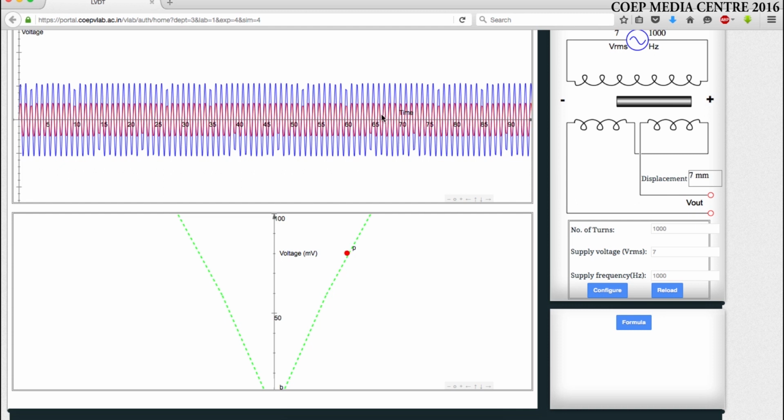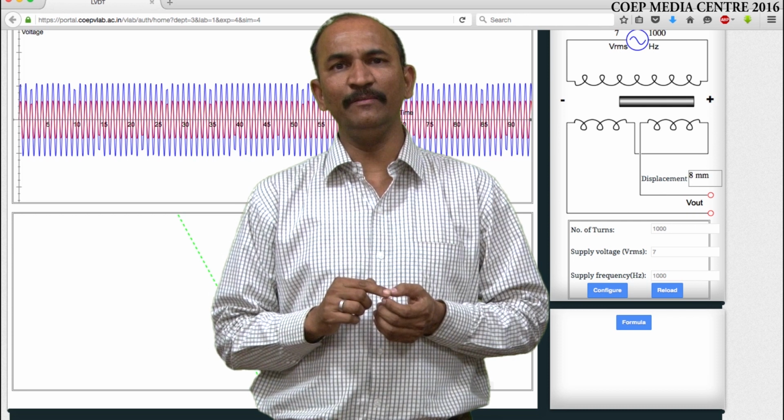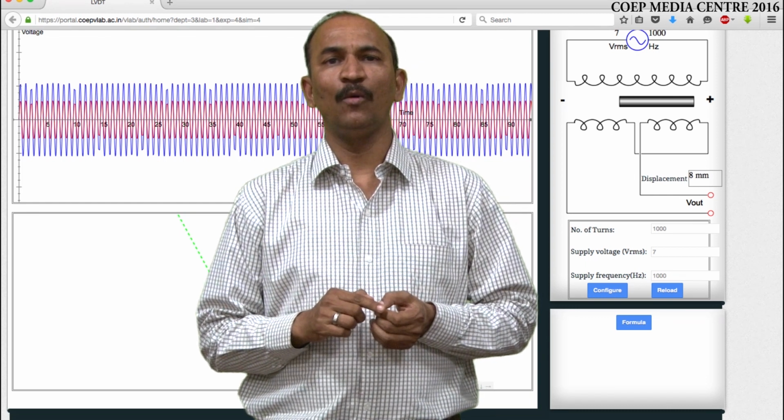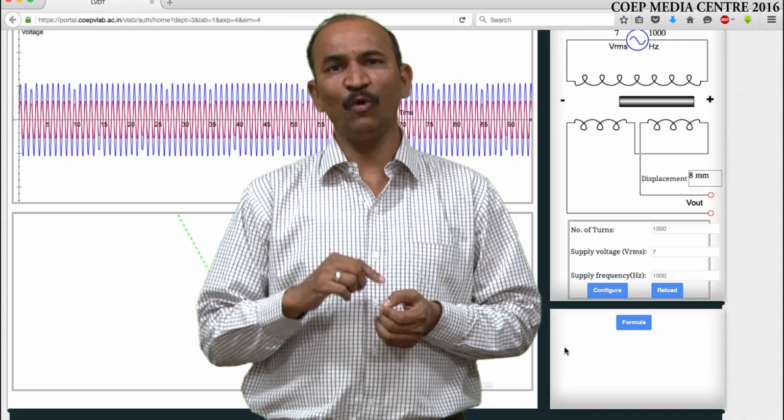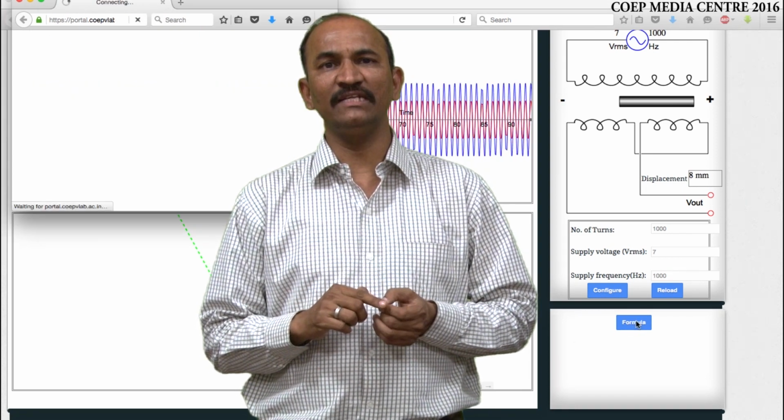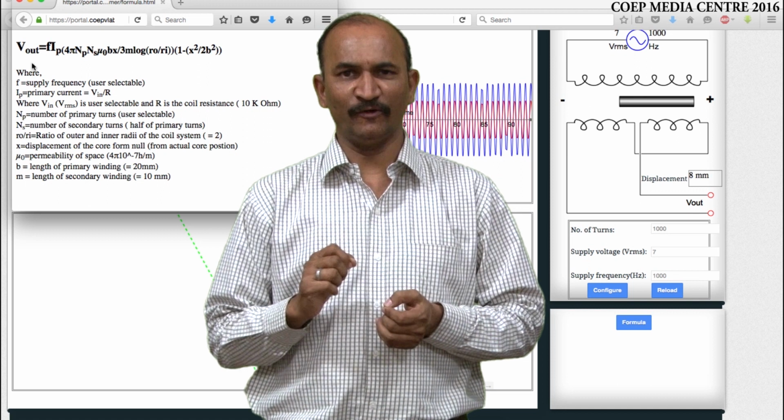You will find that now the secondary is in phase with the primary. For each millimeter you can calculate what the output will be and confirm whether this voltage matches the voltage calculated using the formula.